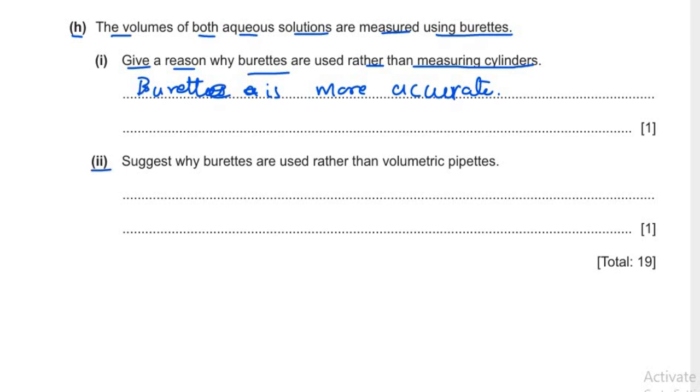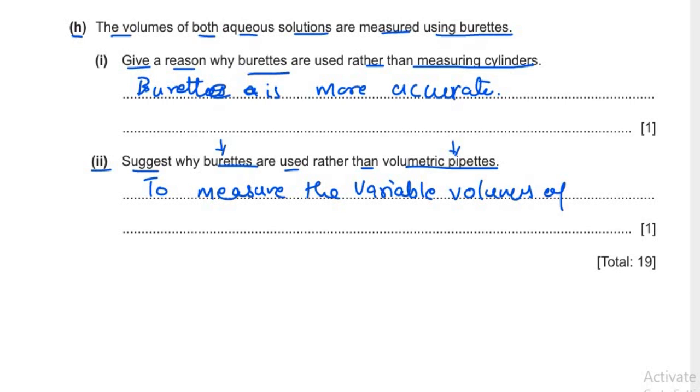Now the sub question 2 is suggest why the burettes are used rather than the volumetric pipettes. Now if we want to measure the varying volume, we need to use the burettes. Now volumetric pipettes can measure only fixed volume, so we can say that to measure the variable volumes of the solution or solutions.